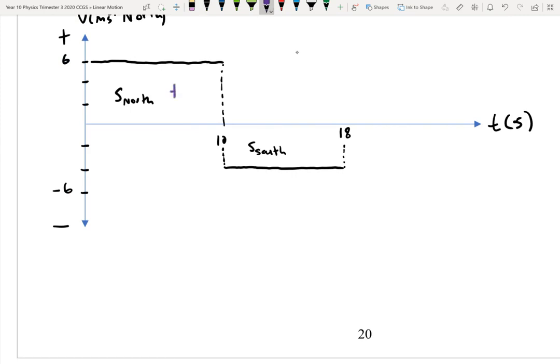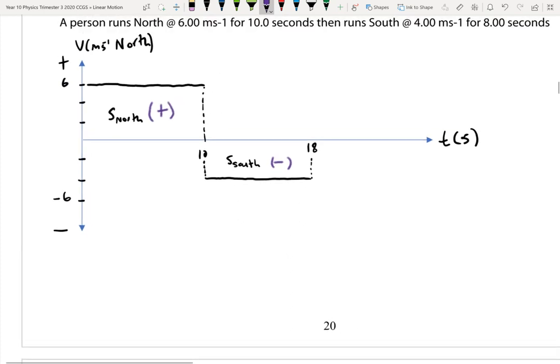On the top, you've got a positive area, and at the bottom, you've got a negative area. Yeah? So now you've got to be careful. We could do distance, it's just the total area. Or we could do displacement, where the area above is positive and below is negative.